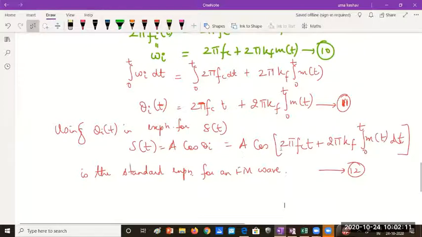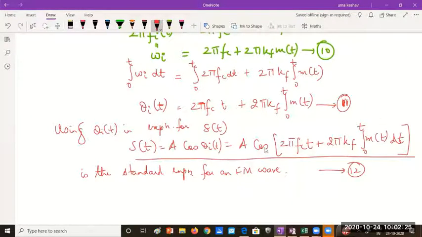So I'll just take A cos, and I'll write the value of theta i of t. That's it. So this represents the standard expression for an FM signal, which is constantly used in many places.